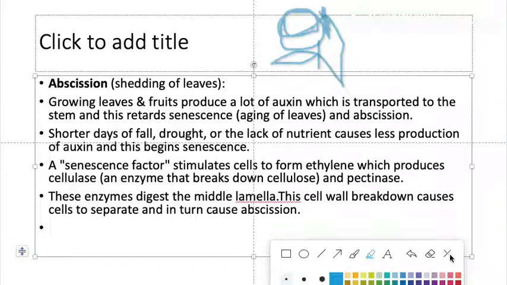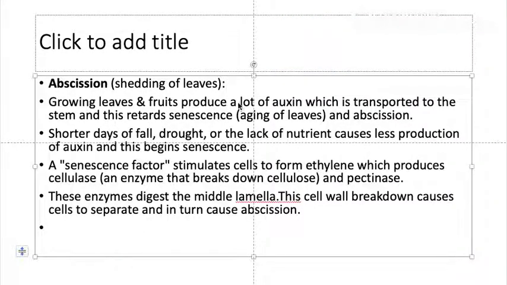Otherwise, many people would be rushing to produce such a hormone which would reduce or slow down the aging process. But in plants, you have such a hormone which will help the plant to slow down the process of aging, which means that the leaves will not shed immediately.